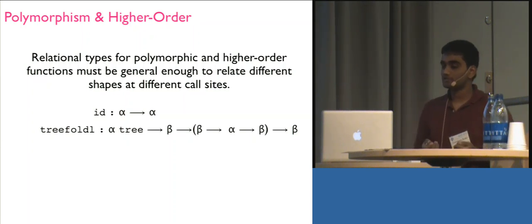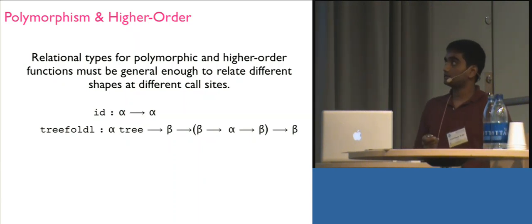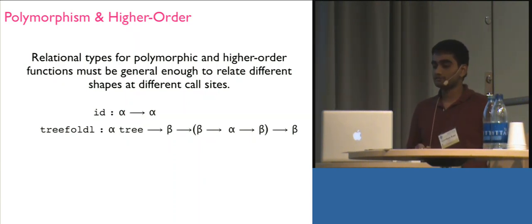These are polymorphic functions defined in terms of type variables alpha and beta. These type variables can be instantiated by different concrete types at different call sites. So the relational types of ID and treefold must be general enough to relate these different shapes for different instantiations of the type variables alpha and beta.